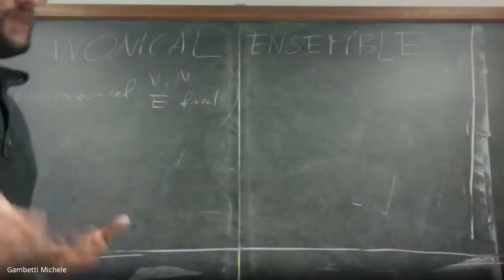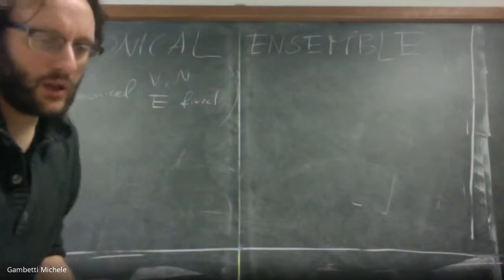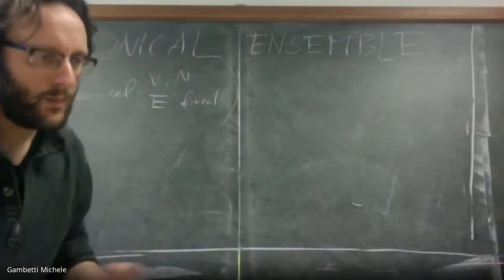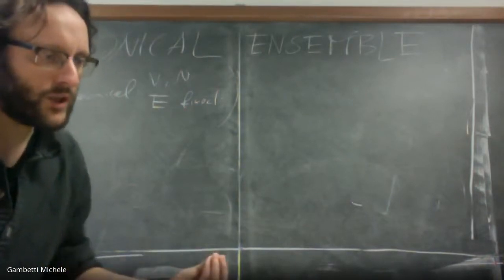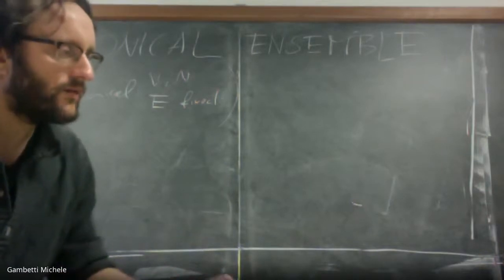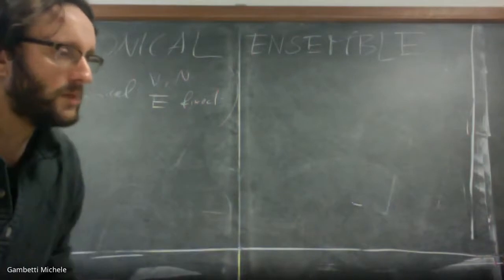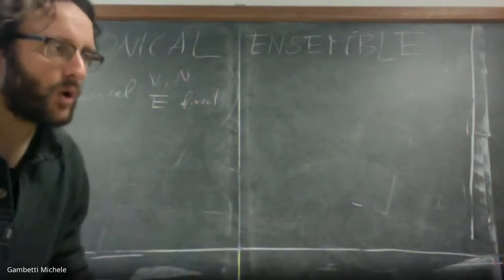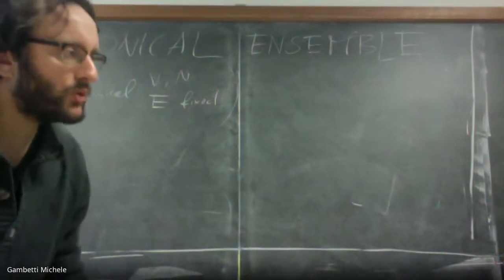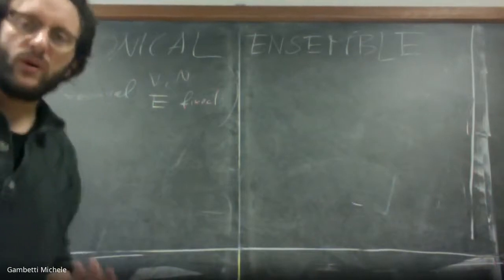So if I add interaction, meaning interaction among particles or interaction of the particles with an external field, the geometrical shape of this volume will be much more complicated, and computing the volume will be very difficult.